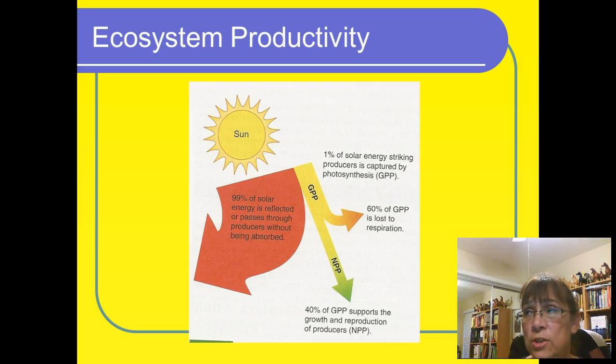So it's actually gaining more energy. There's not as much heat loss, but there's still some. So your net primary productivity is the amount of biomass that is available to that first level consumer. And that's usually around 40% of the gross productivity.